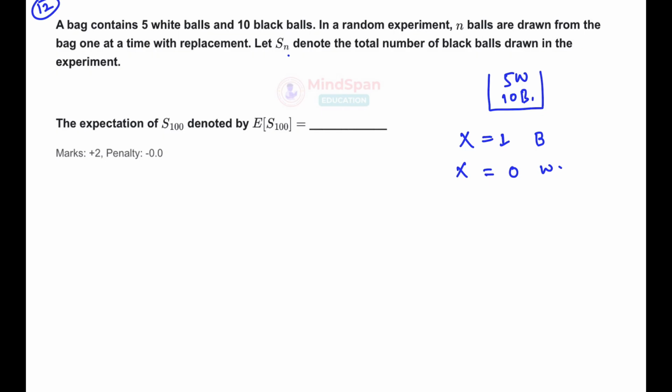And how many such trials are we doing? We are doing S100, that means 100 trials, so 100 times we are picking a ball from this bag, right? So what is S100? S100 is the total number of black balls.